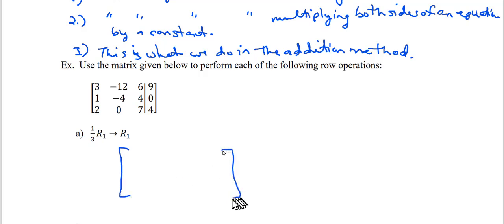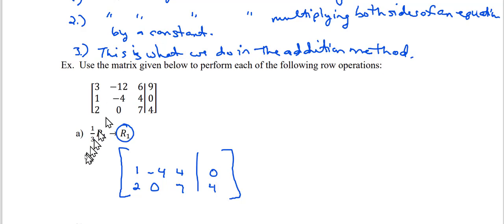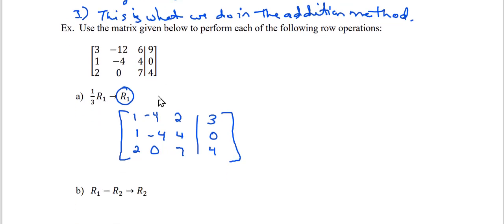When that happens, just so I don't mess it up, I usually just copy those rows right over so that I'm not tempted to change them in any way. The only thing I'm changing is row 1 because that's where I'm putting the new equation. Well, I want to do 1/3 of that. That's going to be 1, -4, 2, 3. That is a valid row operation because it's just like multiplying that top equation by 1/3 or dividing both sides of the equation by 3. So that is okay.